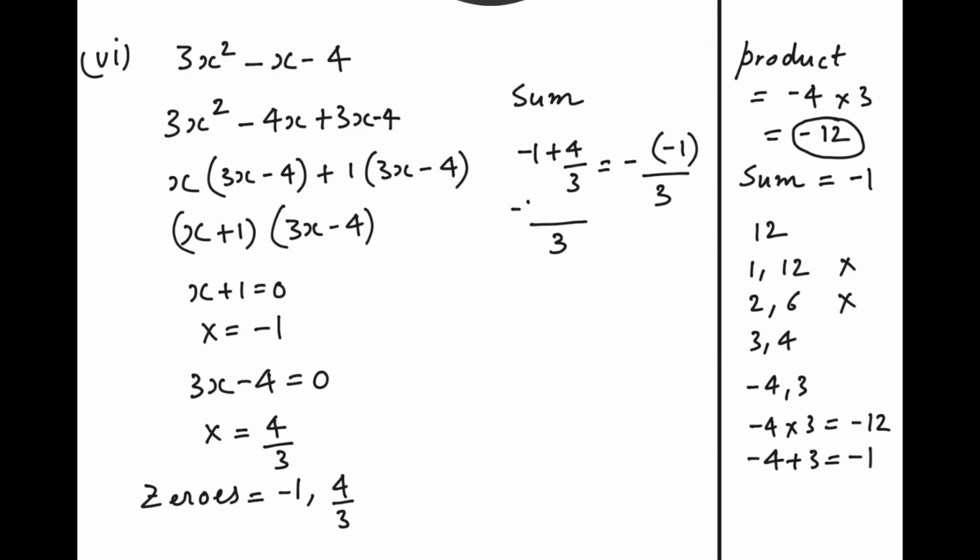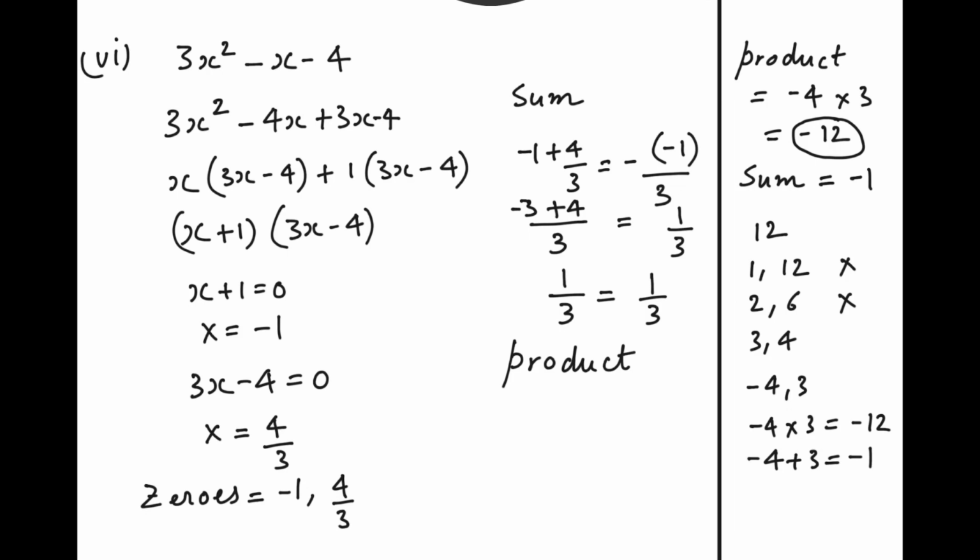So on the top we will have minus 3, and here 3 into 1 is 3, so we'll multiply 4 with 1, so we'll have 4 here, and on the right hand side we'll have 1 by 3, as minus minus is plus 1. Okay, now on the left hand side minus 3 plus 4 is 1, so we have 1 by 3 is equal to 1 by 3. So we have verified the sum.